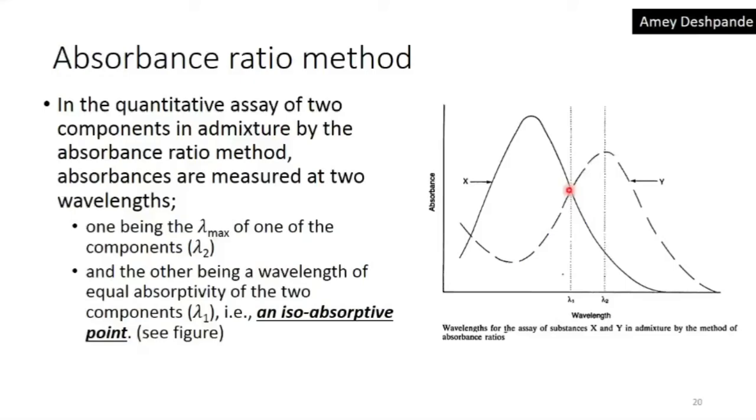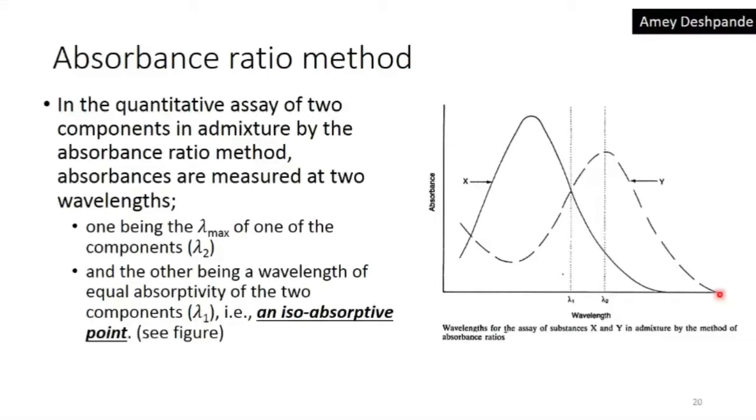Here we are talking about absorbance. We can also talk about absorptivity in a similar manner. What is absorptivity? Absorptivity is absorbance divided by concentration when path length is unity, that is path length is equal to 1.